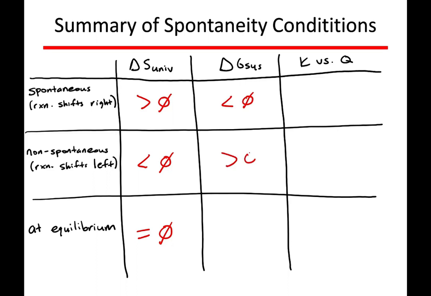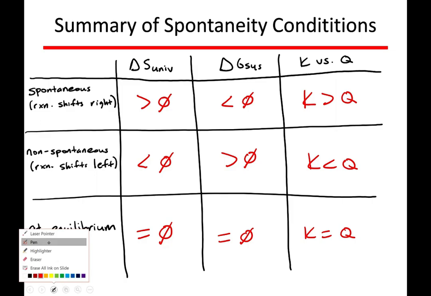It's non-spontaneous if delta G is positive, and you're at equilibrium if delta G is equal to 0. And then for our K versus Q comparison, going back to chapter 6 when we talked about equilibrium, we said that if K is greater than Q, the reaction shifts to the right, and if K is less than Q, the reaction shifts to the left, and if you're at equilibrium, then K is equal to Q.